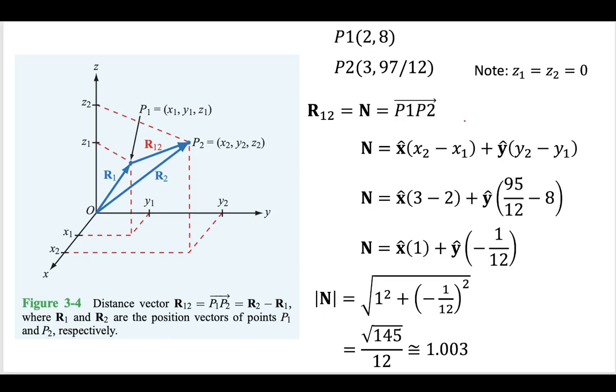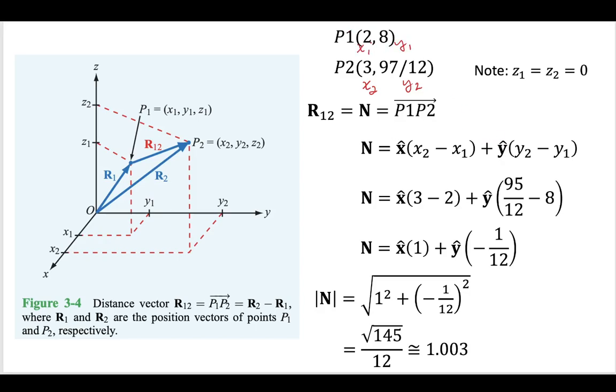I can use those two points now in these equations from ULAB, finding a vector from point 1 to point 2. For that normal vector, the x direction will be x2 minus x1, and in the y direction will be y2 minus y1. Now, point 2 contains x2 and y2, whereas point 1 has x1 and y1.